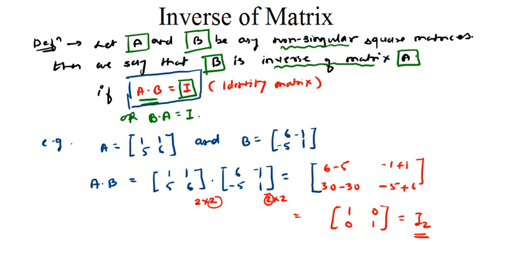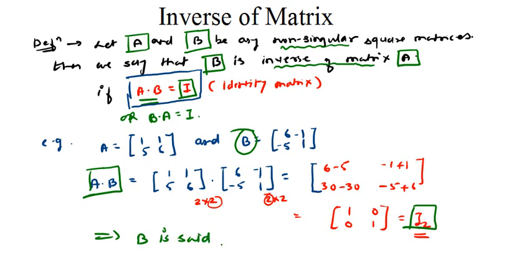So we have got A into B equal to the identity matrix I. This implies that matrix B is said to be the inverse of matrix A. This is the definition for the inverse of a matrix, and this is how we check whether one matrix is the inverse of another.